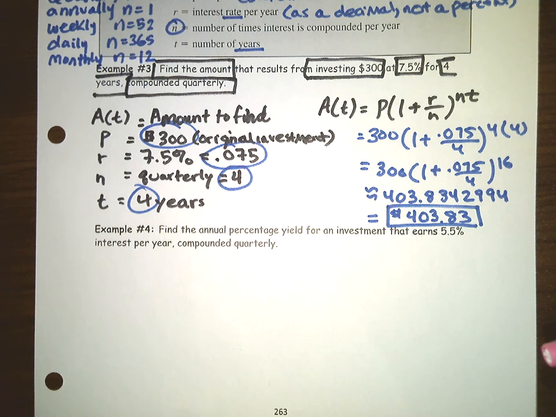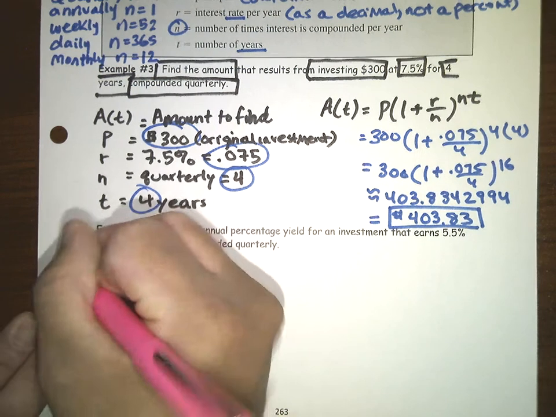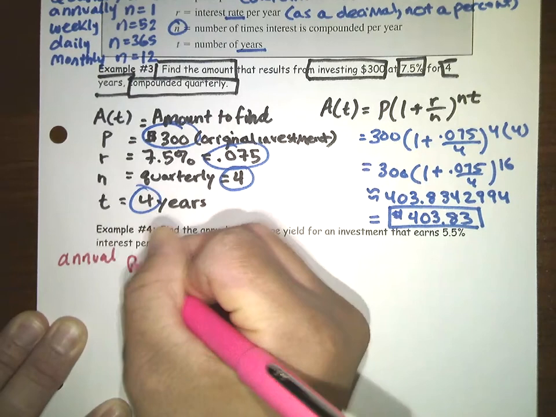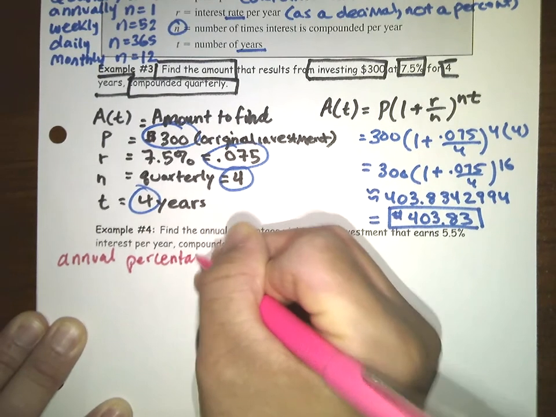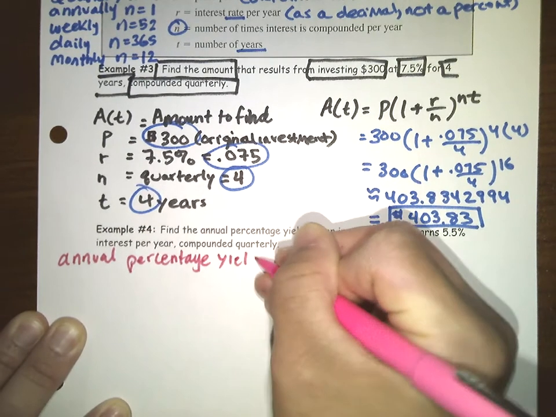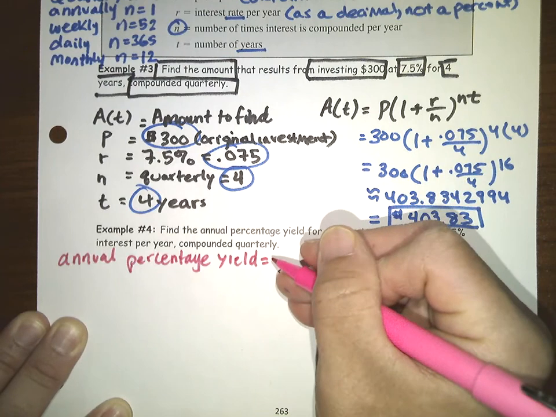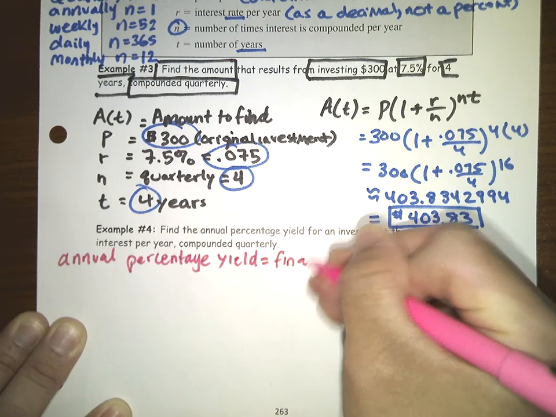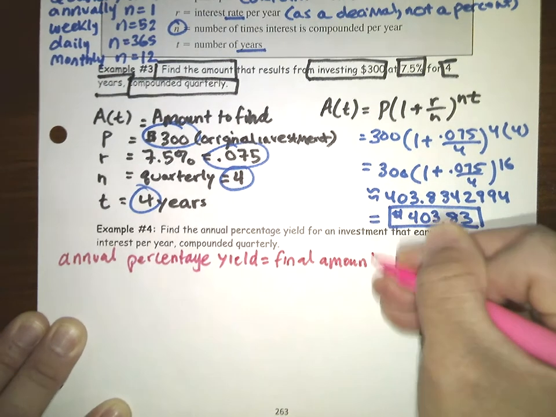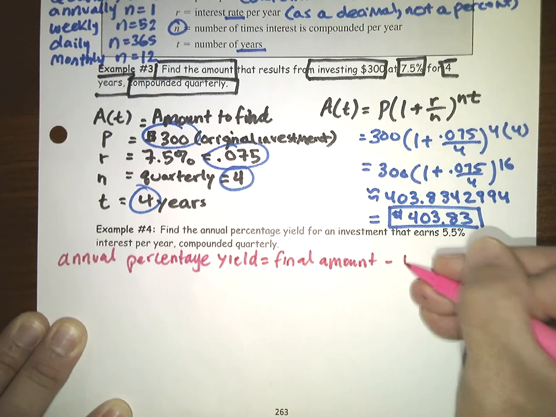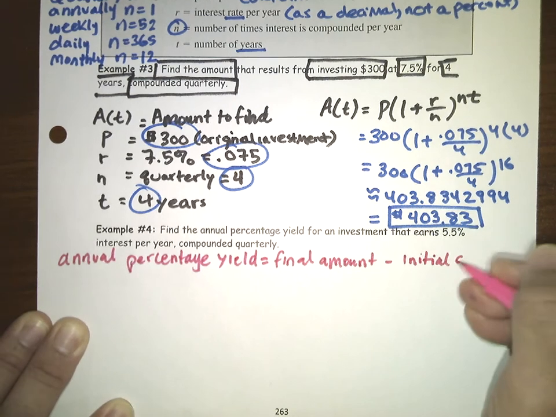The annual percentage yield is actually equal to the final amount minus the initial amount.